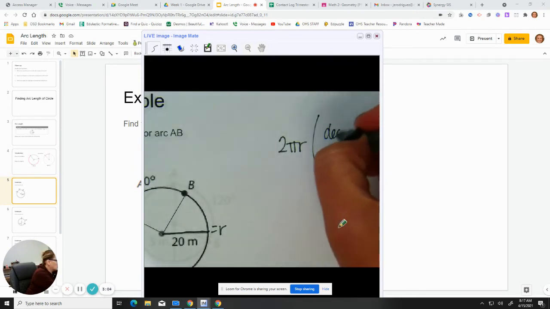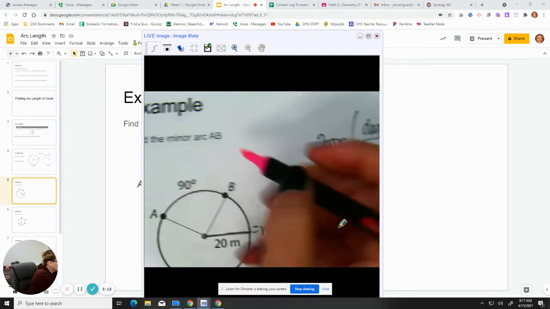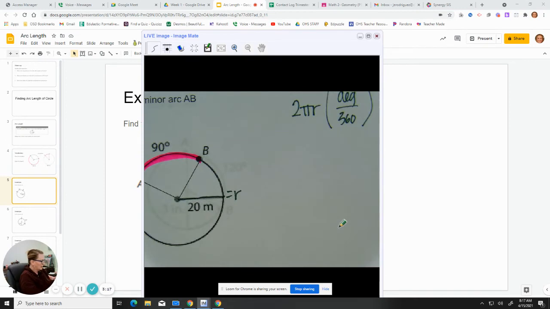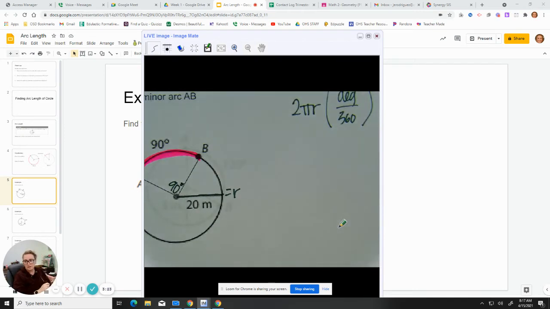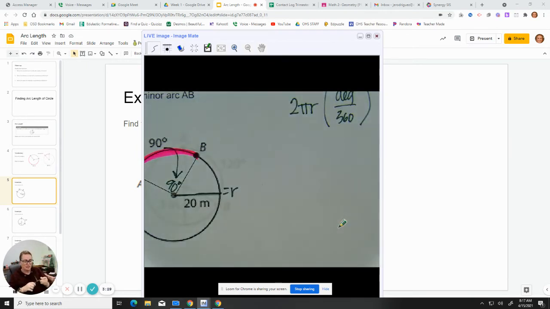And then it's going to be degree over 360. That's how we're going to do it. And it's asking us for the minor arc, which is this small piece right here, okay? And it is telling us that this degree right in here is 90 degrees. I guess there probably should have been an arrow, okay?